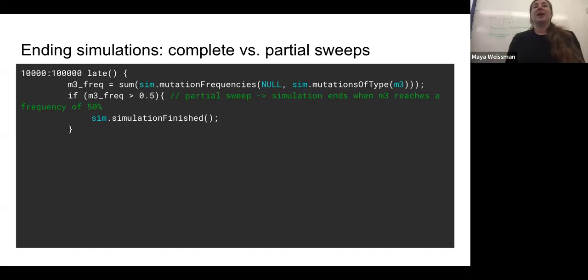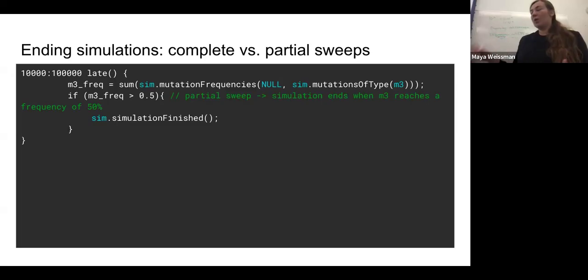You can instead say, is the frequency of the M3 mutation equal to exactly 0? And if that's the case, that means that it either was lost or it's recently been converted to a substitution. And then you can check how many M3s have been converted to substitutions, because SLiM does keep track of that elsewhere. So that's a different way of doing it in order to look at full sweeps.